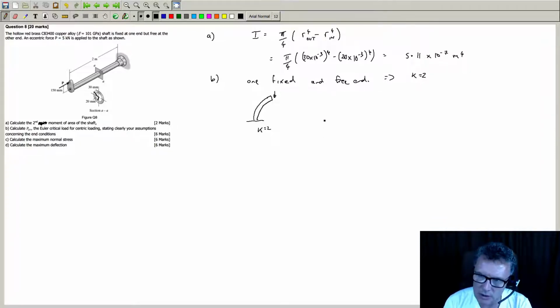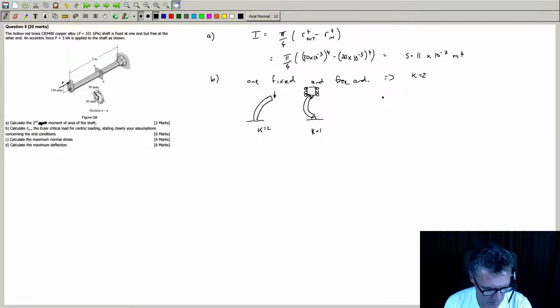K equals 1 when you've got something that's constricted, you can only go up and down, and you've got 2 pins. And that bends. So that's K equals 1.